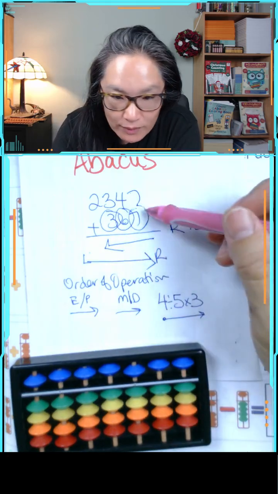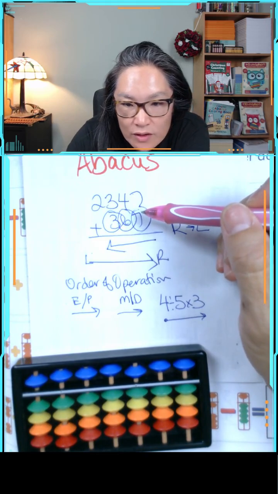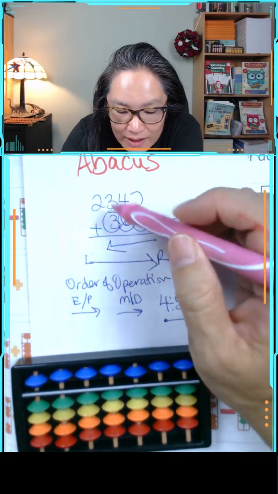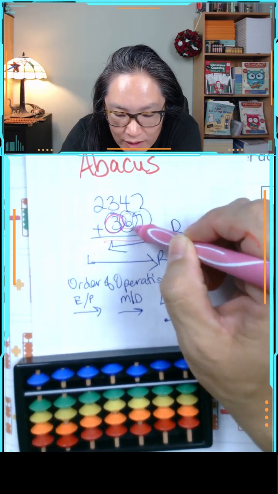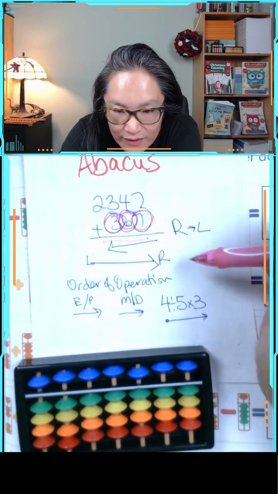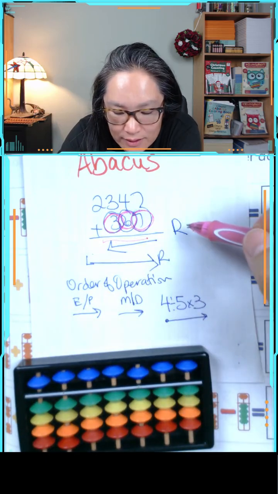Because when they do elementary school, what? One's place is first of everything and follows. No. In Abacus, we go left to right. We start with the 3, then we do the 6, and then we do the 7. Abacus does left to right. It's natural to go left to right.